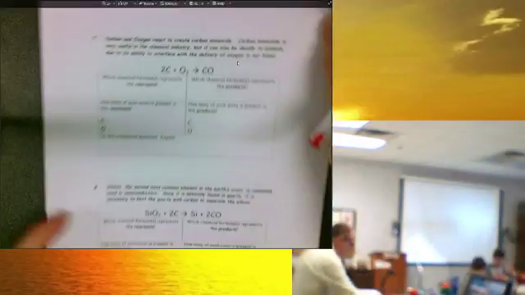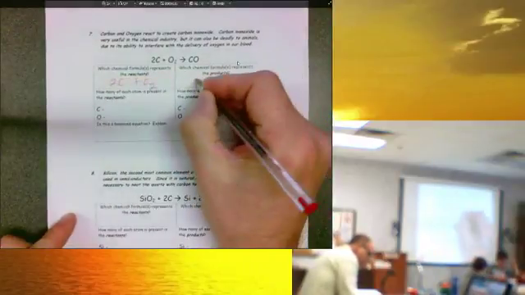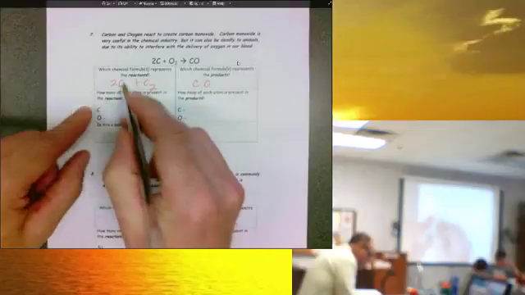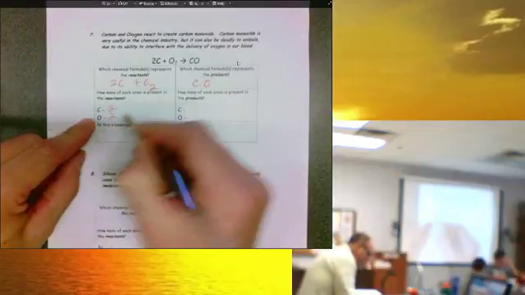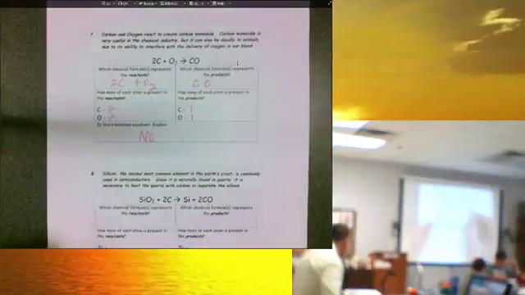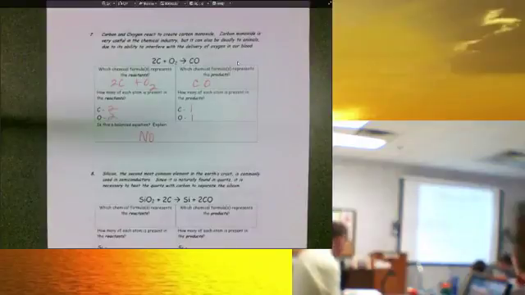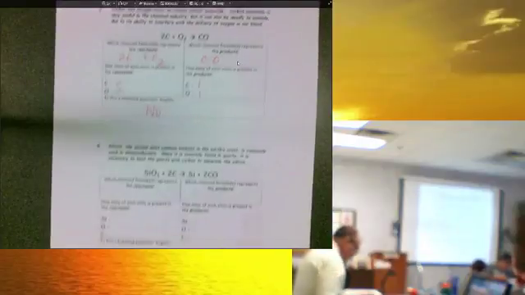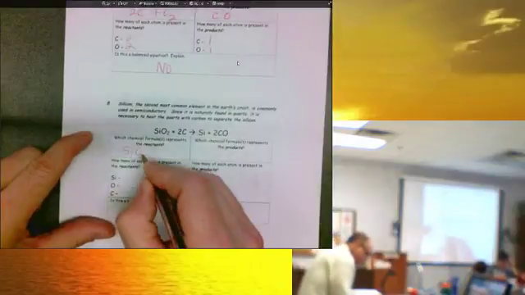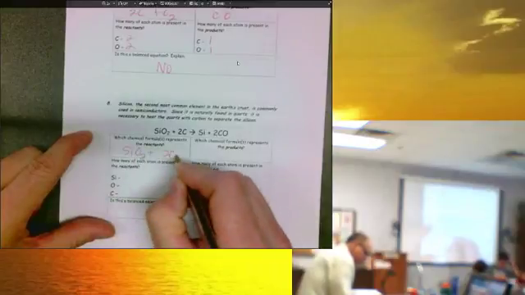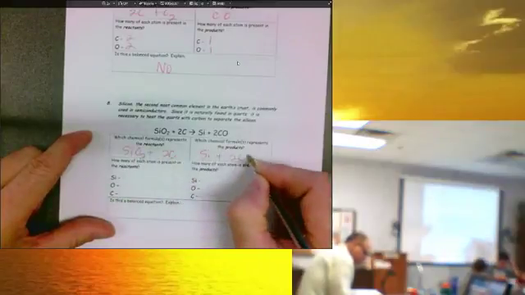Okay, on 7 and 8 on the back. Hopefully you got a chance to do this. 2C plus O2 gives CO. That's 2 C's and 2 O's, 1 and 1, so this was no. The last one, SiO2 plus 2C gives Si plus 2CO.